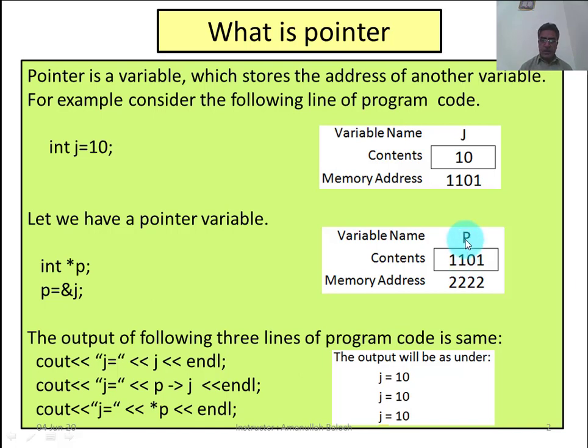So p is the memory location, that is the variable name p. Contents are 1101, which is the address of j. So the computer will store here 1101, and the address of the p variable itself is 2222. This is the memory address of p.